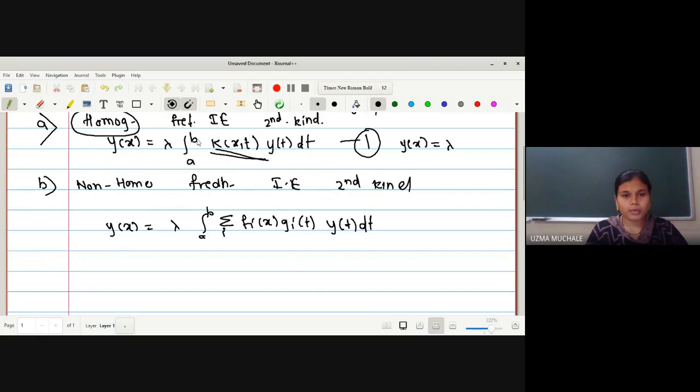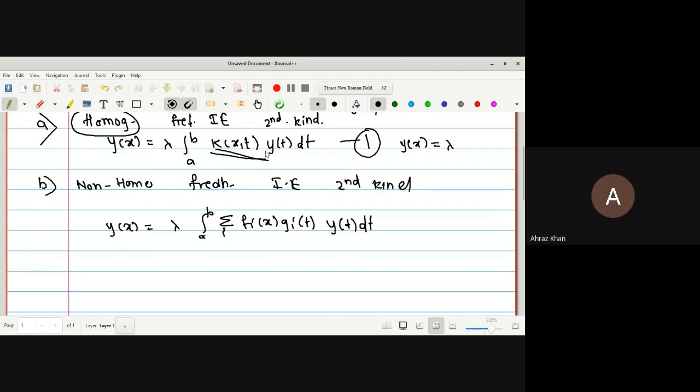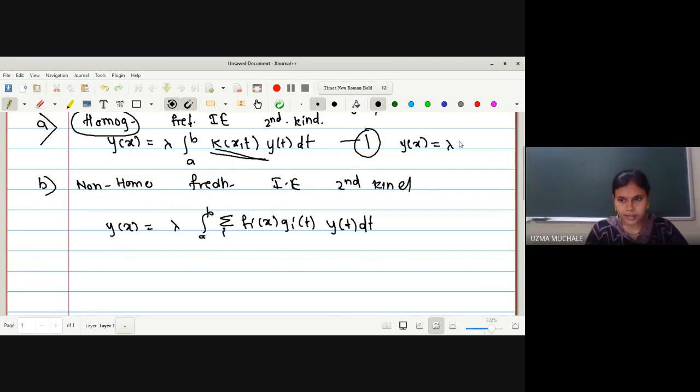As the upper and lower limits are both constant, what will be the value of this integration after solving? Some constant. Right, some constant c. Now, can anyone tell me what will be the obvious solution for y of x is equal to lambda into c? Zero solution is an obvious solution. I can have y of x equal to 0, which means that lambda into c is equal to 0, which implies that the constant c is 0.